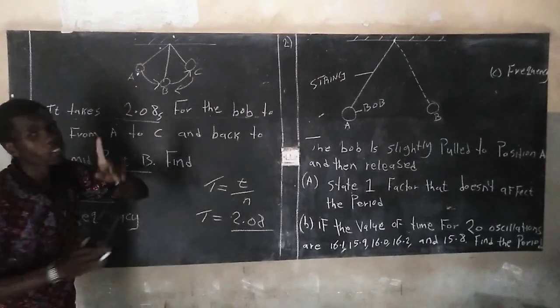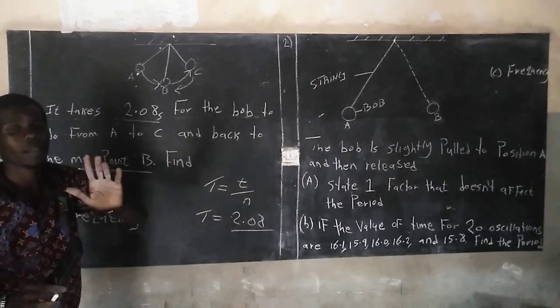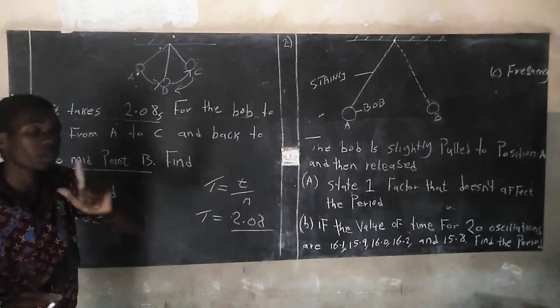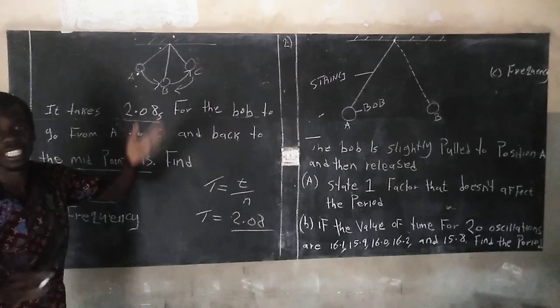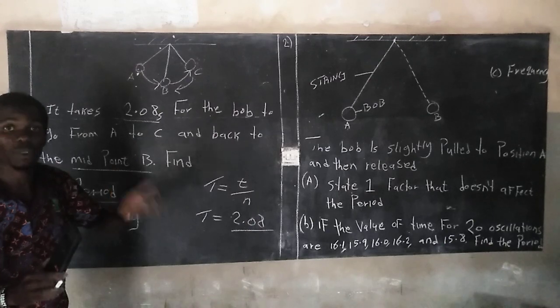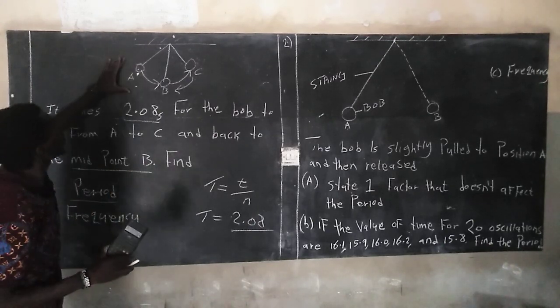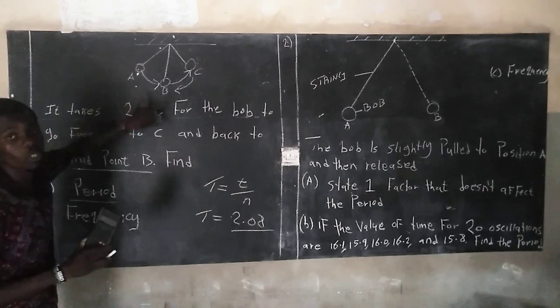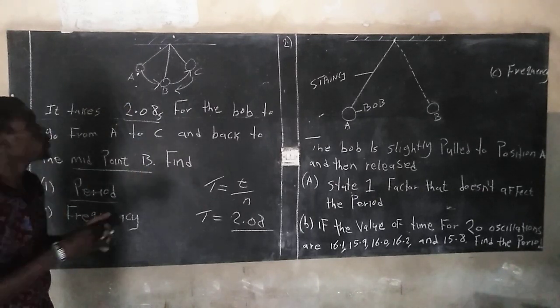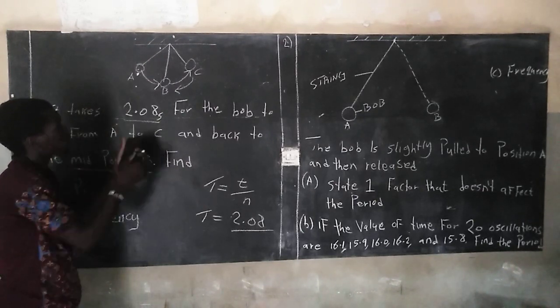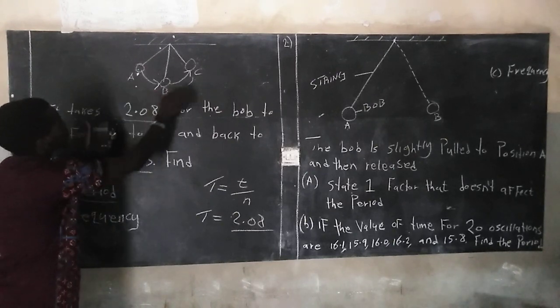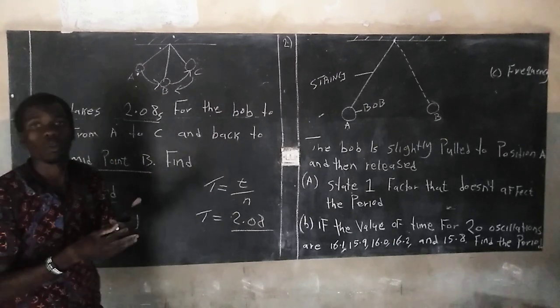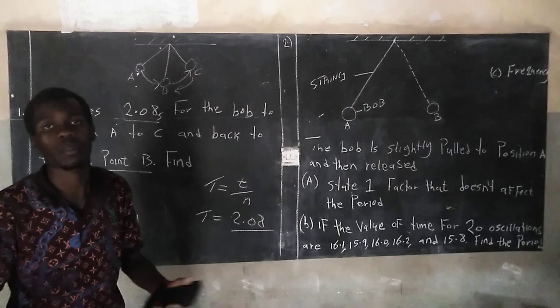So for one complete oscillation to be made, a bulb has to move. I guess you understand that by now. Here to here, it's a quarter, not half. Because if we say that here and here it's half, half is 1 over 2, or the same as 0.5.